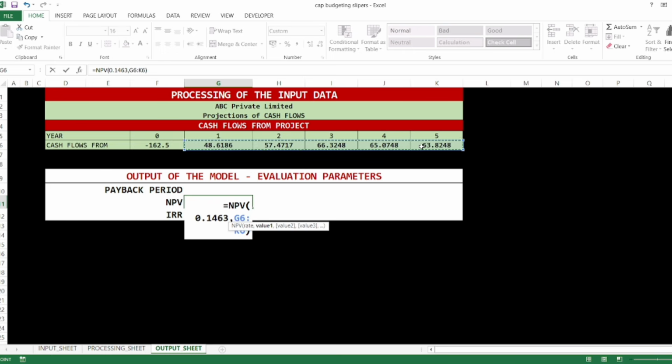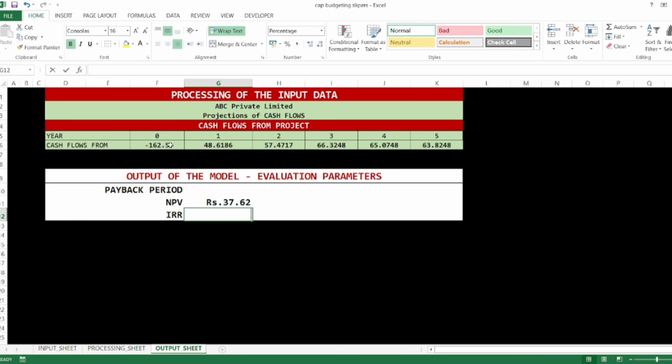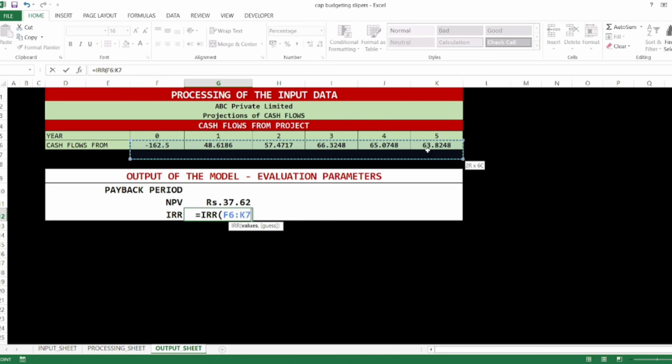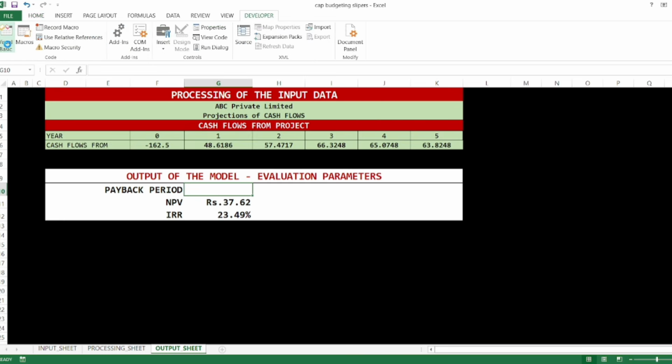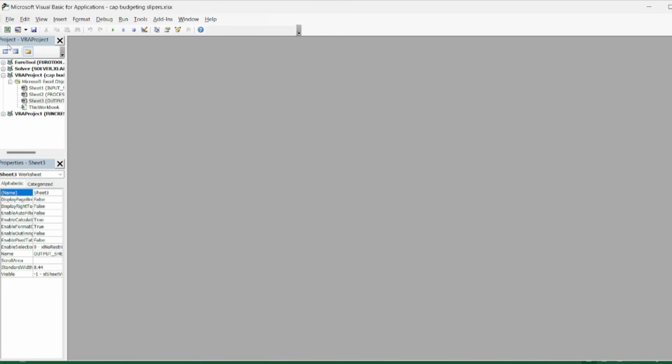Because we have our outflow in negative, to subtract it we have given it in a different form, selecting G6 to K6, then bracket close plus F6. For IRR you just have to use the formula IRR and then select from F6 till K6.